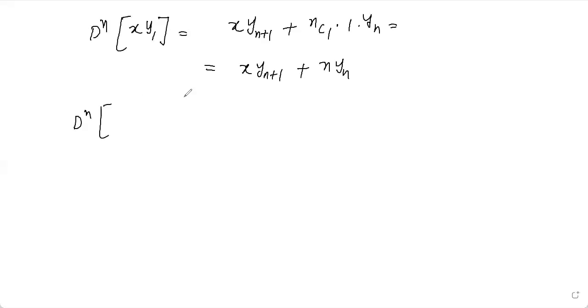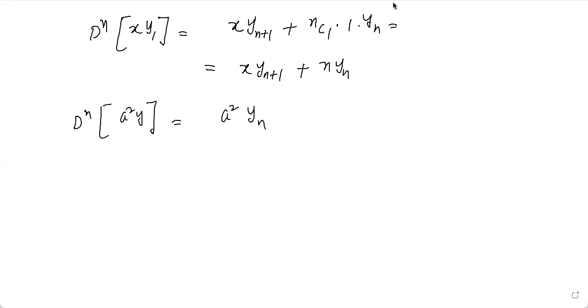And the last one is a square y. Here a square is constant, so this will be a square, and dn of y will be yn. Now let us substitute all which we have found.